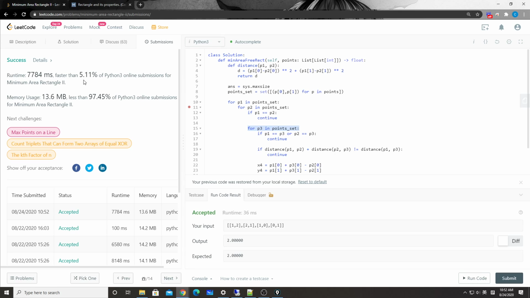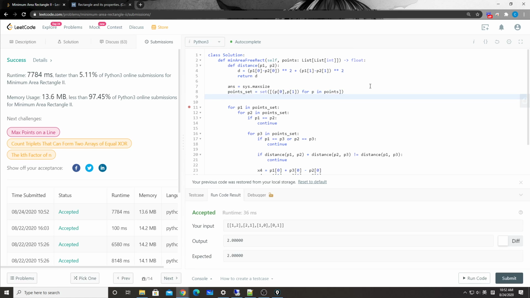One of the improvements we can do is to use a seen set, just like what we did in the first rectangle problem.